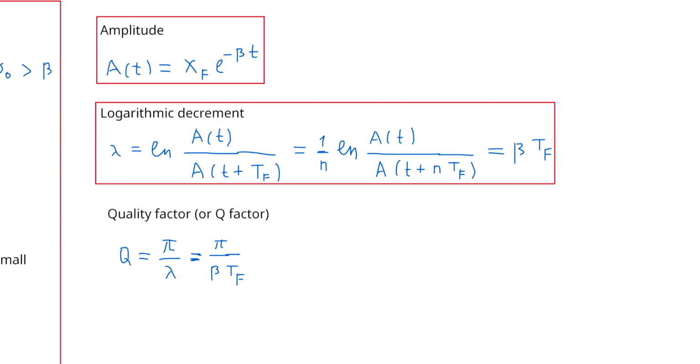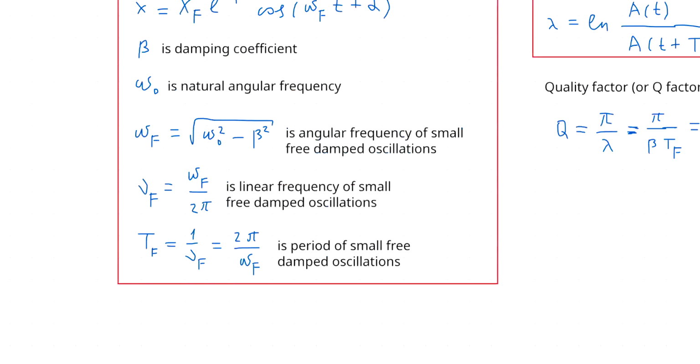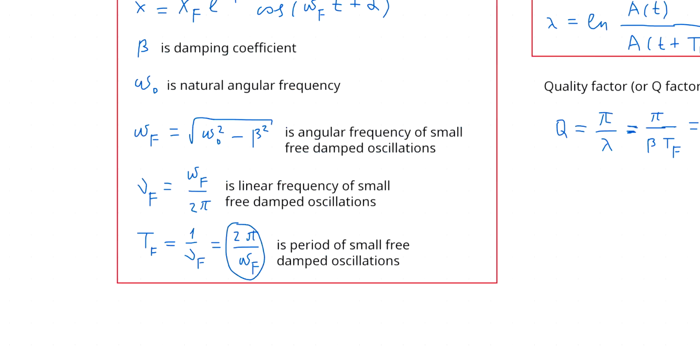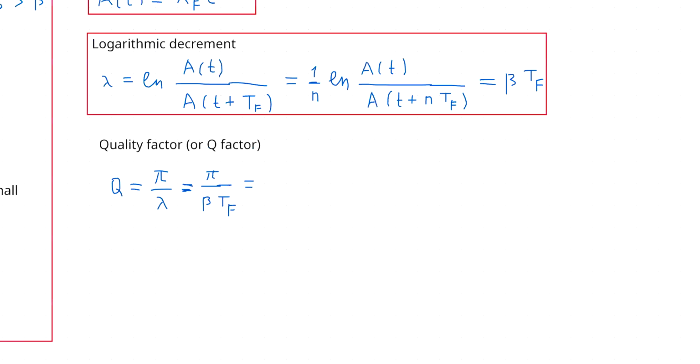And if we remember that T_f is equal to 2 pi divided by omega_f, we will obtain omega_f divided by 2 beta.